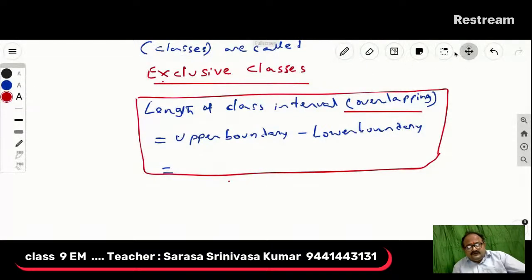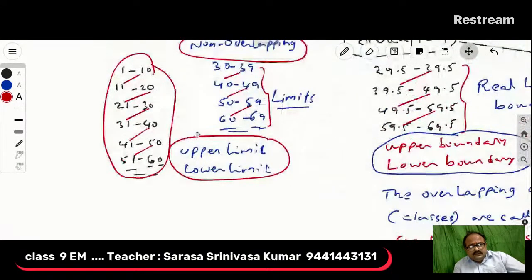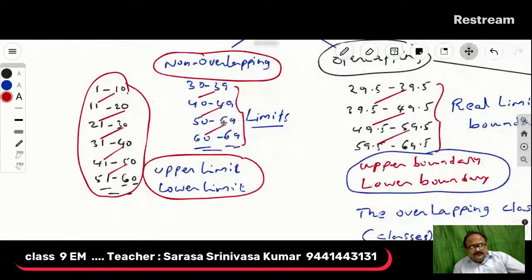Now let us come to non-overlapping. Here non-overlapping class intervals are considered.